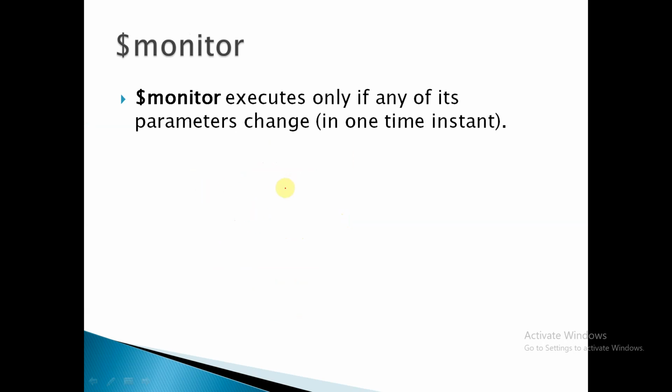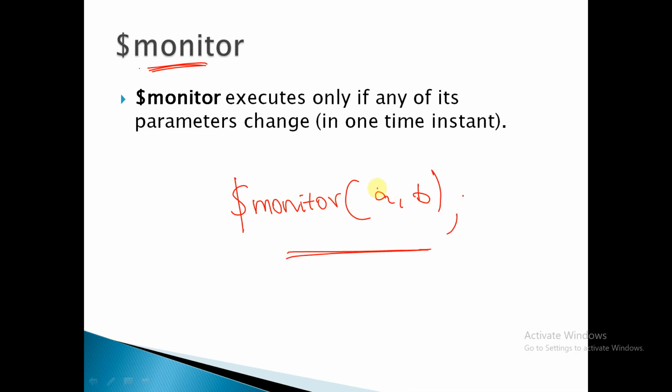Coming to $monitor, as the name suggests, it is going to continuously monitor if there is any change in the arguments. So if we write $monitor(a, b), it continuously monitors whether there is any change in the values of a and b.